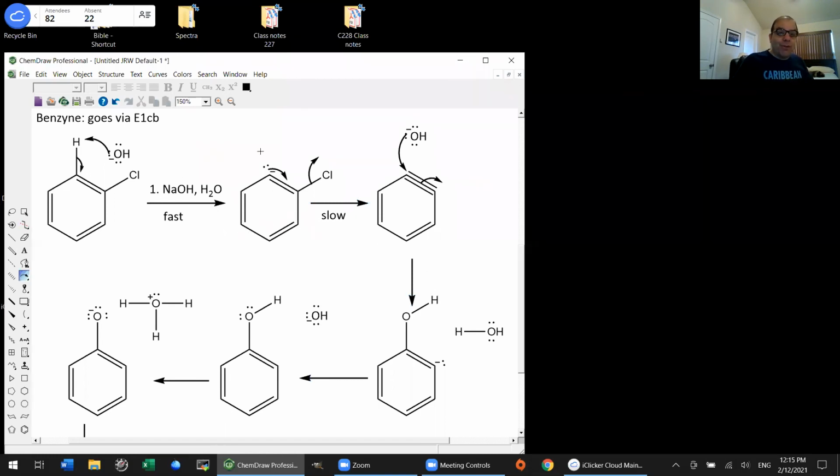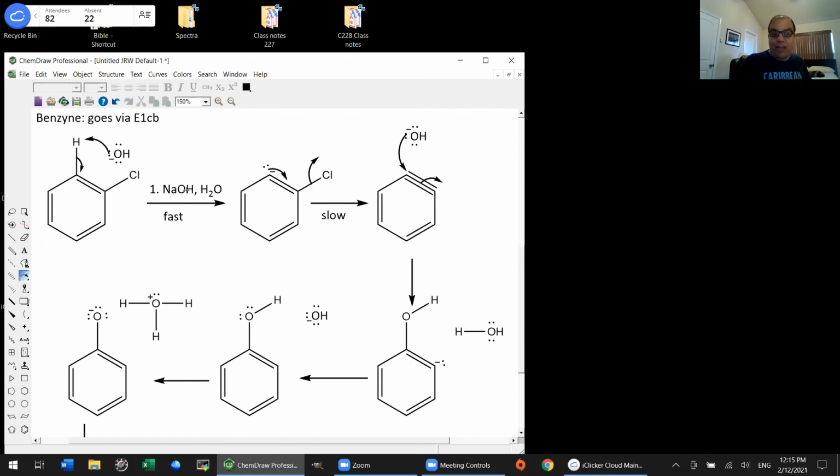And this, by the way, is how phenol is made by the ton every day in America and elsewhere. Phenol is made from chlorobenzene by treating it first with aqueous sodium hydroxide. And they add some other things besides that. I believe they add some sodium carbonate in order to buffer the solution somewhat.